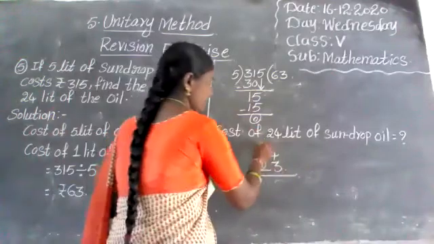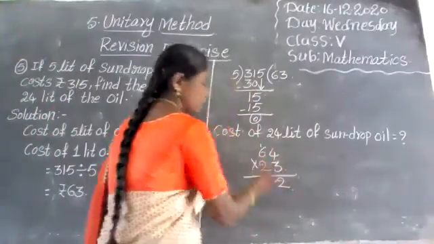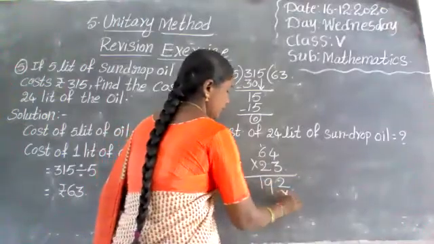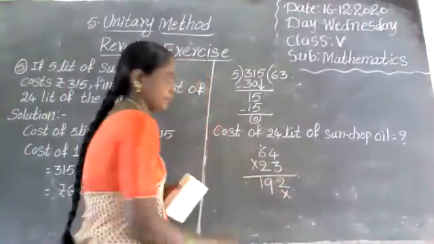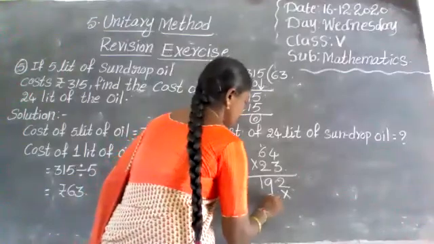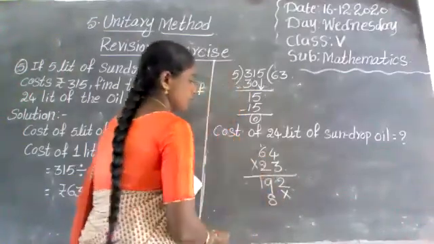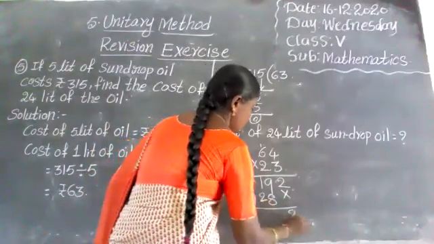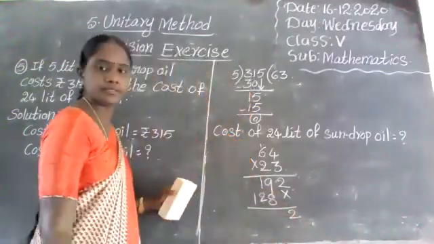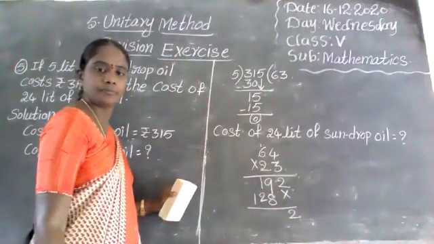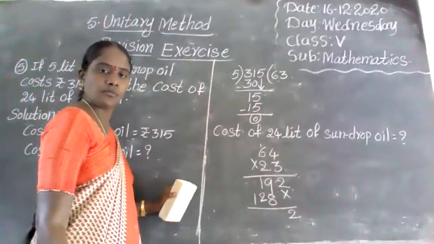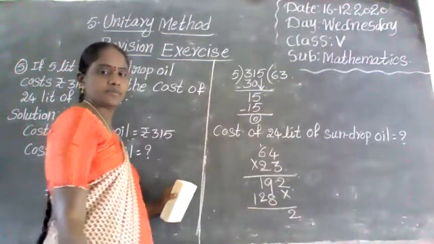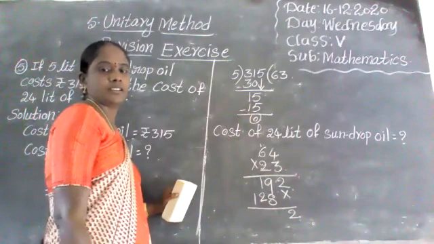Yes. 3 4s are 12. 3 6s are 18. 18 plus 1, 19. Next, 2 4s are 8. 2 6s are 12. 9 plus 8, 9 plus 8 is? Say anyone.